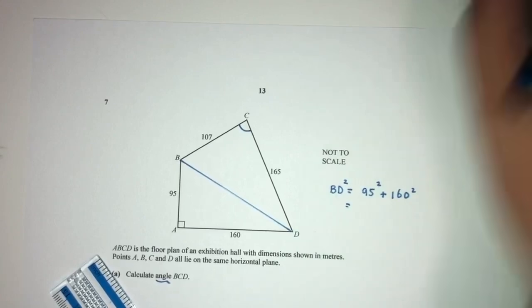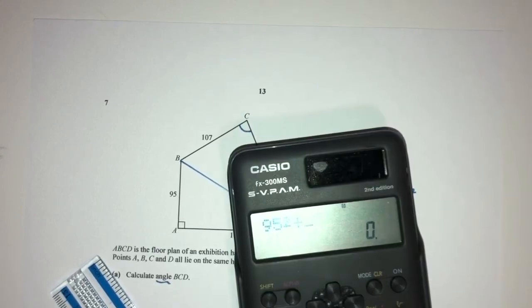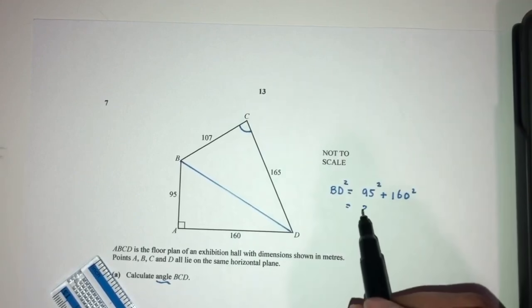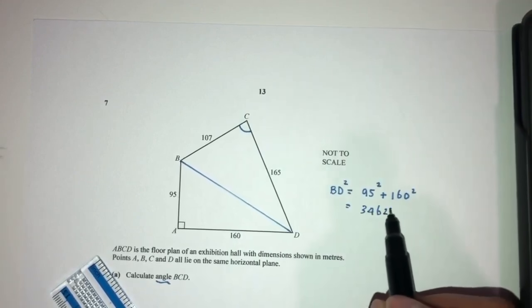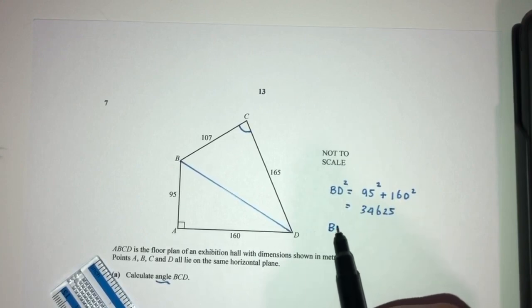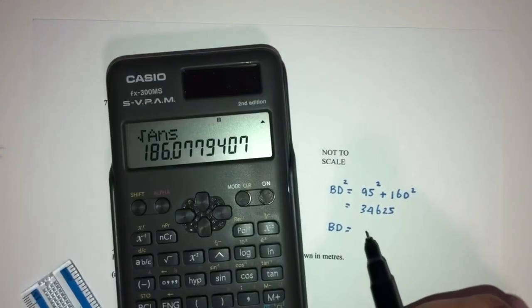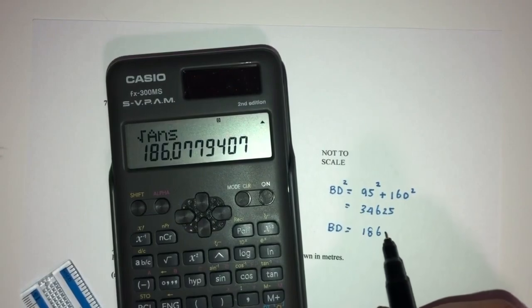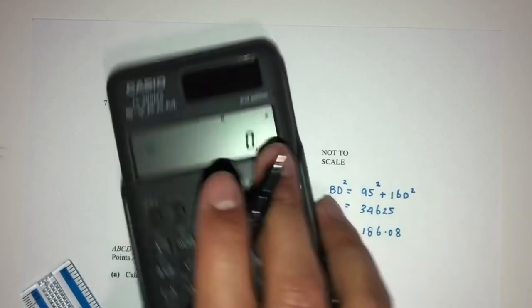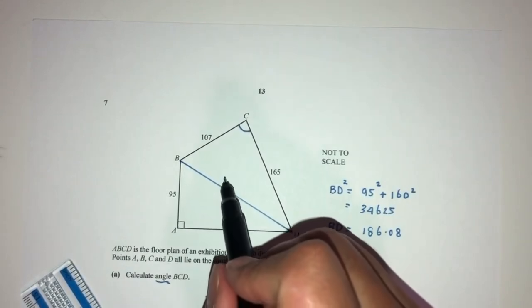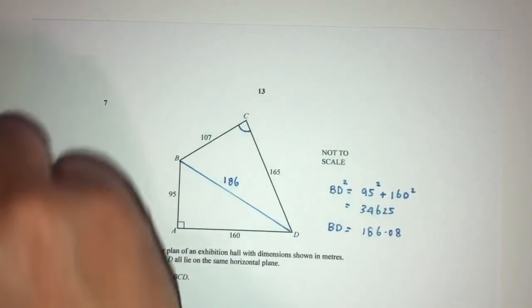That will give you 34625. So BD will be the square root of that, 186.08. For now, I can write this down as 186.